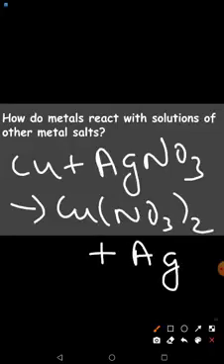If you balance, this will become 2Ag, and here also you will have 2Ag, right? Cu plus 2AgNO3 gives Cu(NO3)2 plus 2Ag. So when you talk about this reaction, silver is less reactive when compared to copper. Copper is placed above silver. Therefore silver is displaced from silver nitrate.